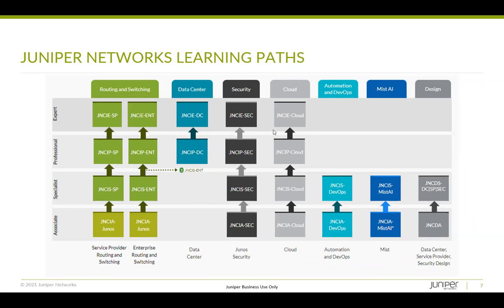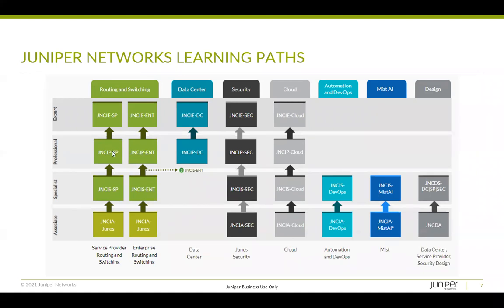I did want to mention here, once you take your exam and pass your exam, it is active for 3 years. It also renews all of your associate level certifications, so you don't have to worry about renewing your Junos, your security, your cloud. Once you pass any exam, it renews all your active associate level certifications.